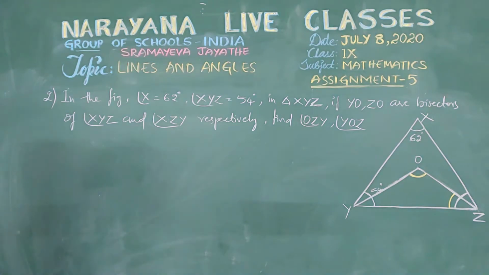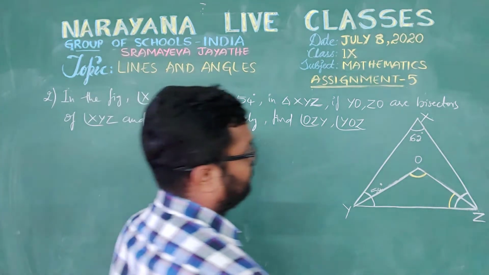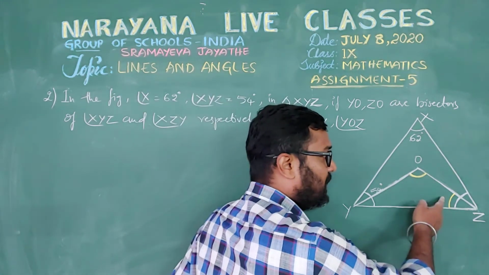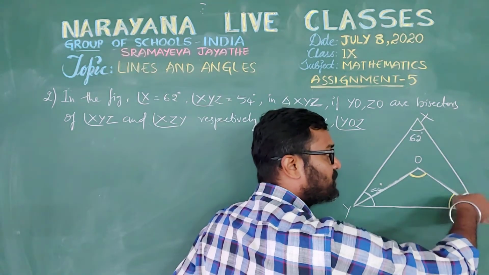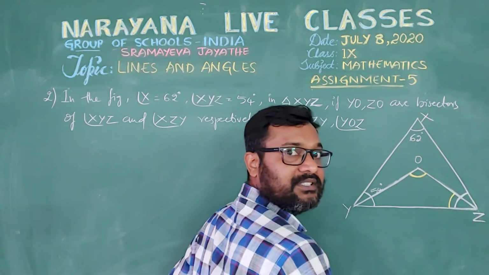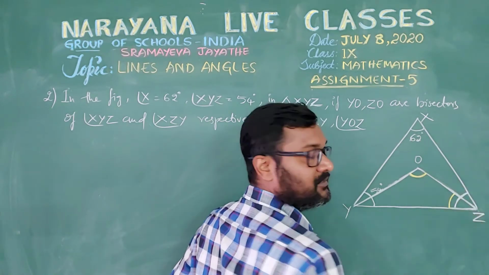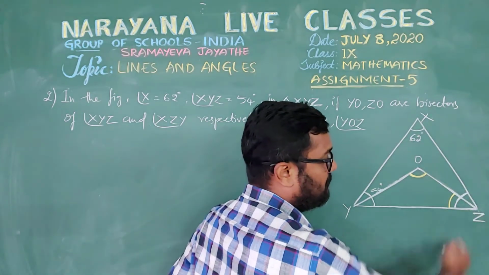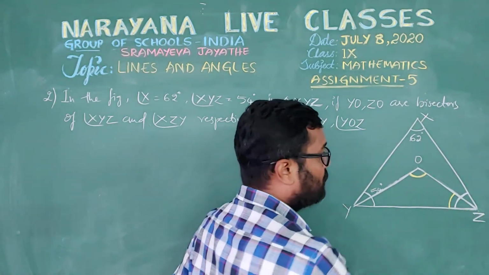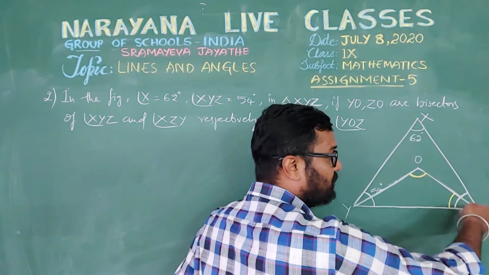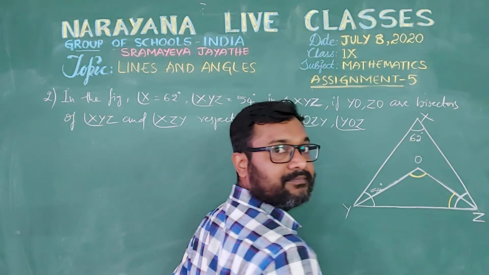See here, if you want to find this one, we need to find this whole angle, isn't it? Why? Because OZ is a bisector of this angle. So to find this one, we need to find this total angle.